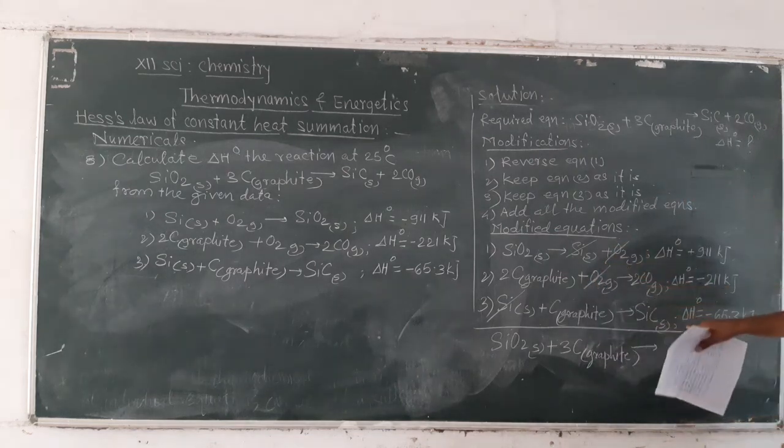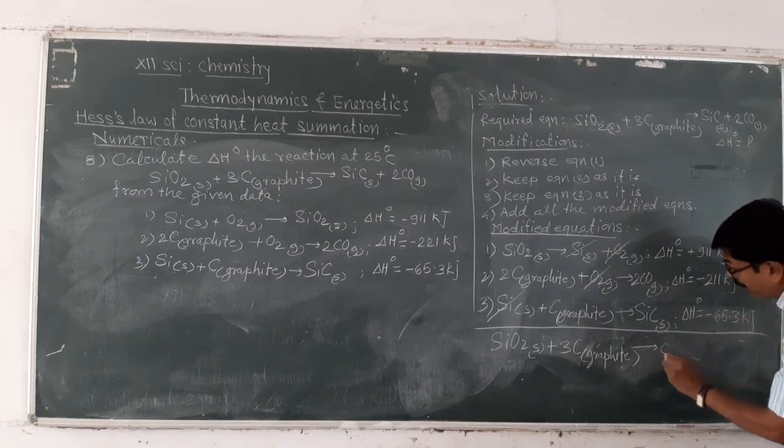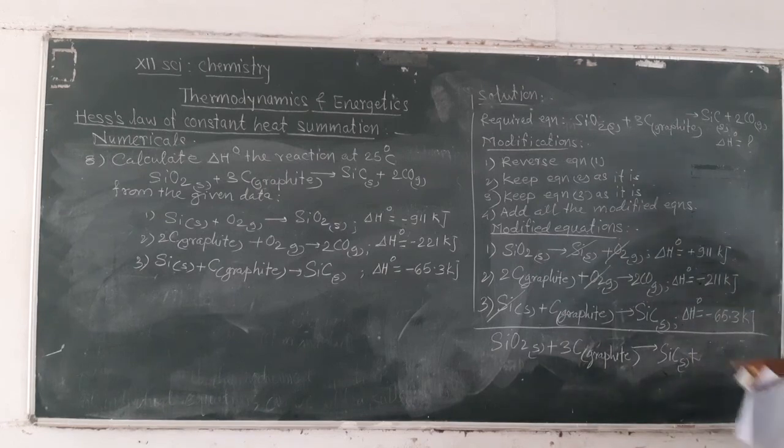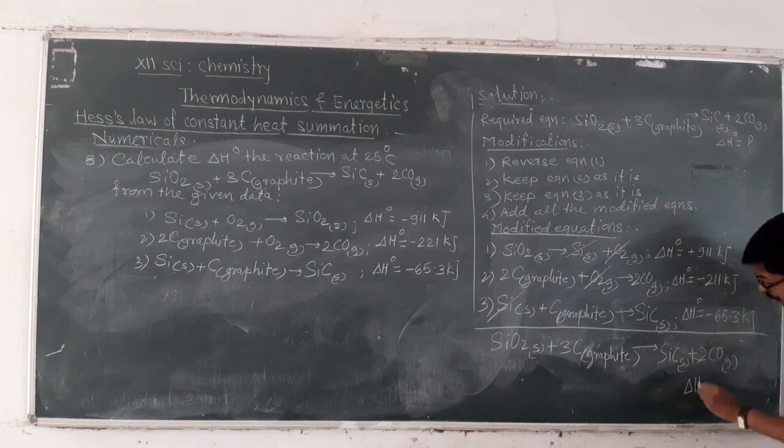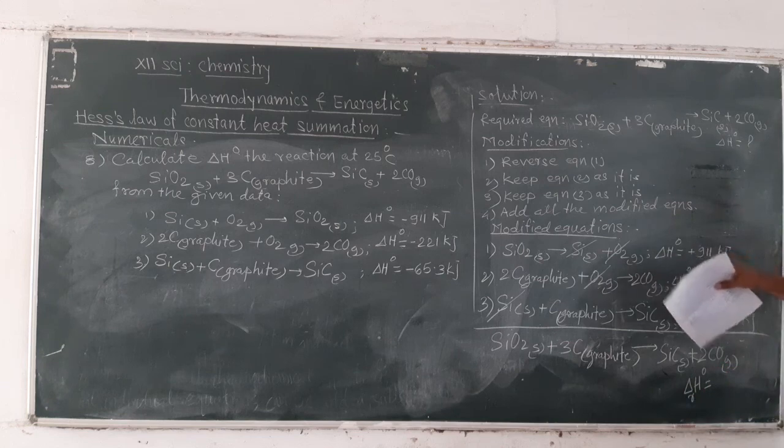On product side, we get only SiC solid plus 2CO gas, and we have to calculate standard enthalpy of this reaction by algebraic sum of these three.